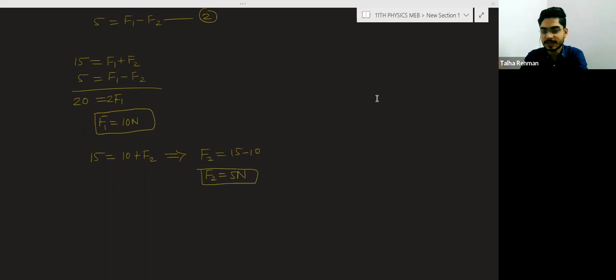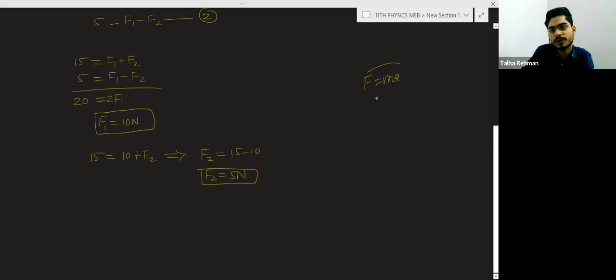We will have some chapters like Newton's laws of motion. There are only two formulas. Force is equal to mass into acceleration. This formula will be used only. But the concept behind that will be very different. So you have to learn that concept, not the formula. F is equal to ma, you already know. But the questions on this formula will be different.